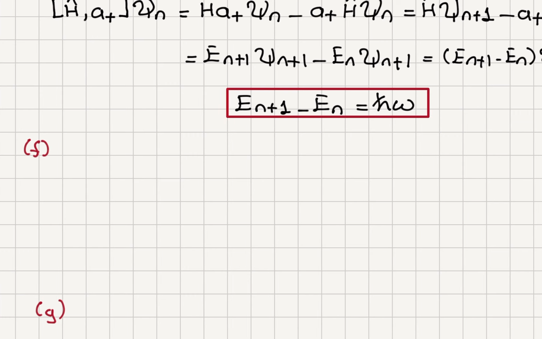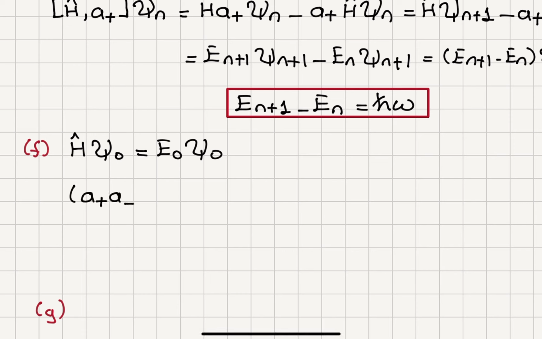The Hamiltonian operator applied to psi0 gives us E0 times psi0, Schrödinger's equation. The Hamiltonian operator written in terms of A plus and A minus is A plus A minus plus 1 over 2, times h bar omega, applied to psi0 is equal to E0 psi0.